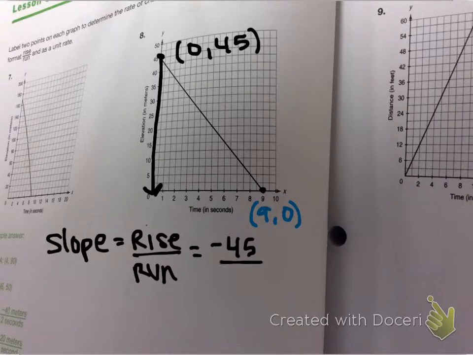And then I go from 0 to 9, so the run is 9. And then we just divide. So negative 45 divided by 9 is? Negative 5. So that's our slope.